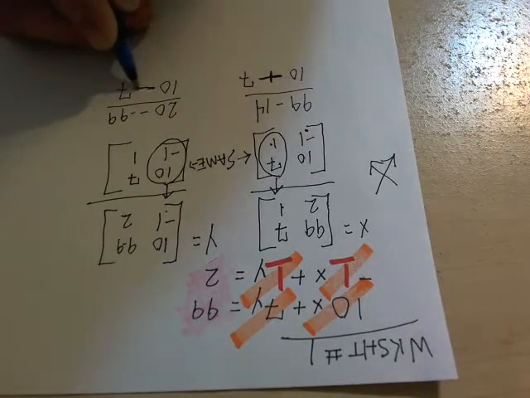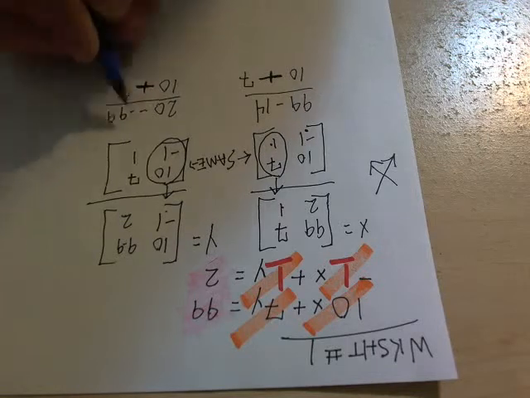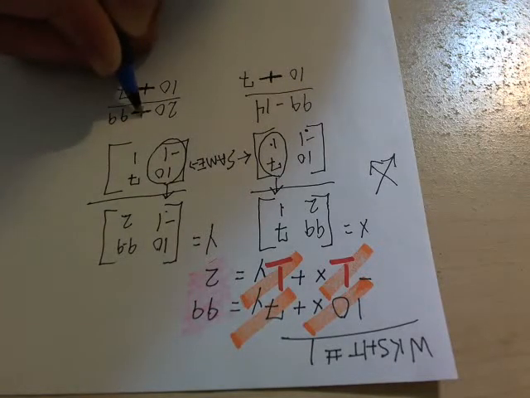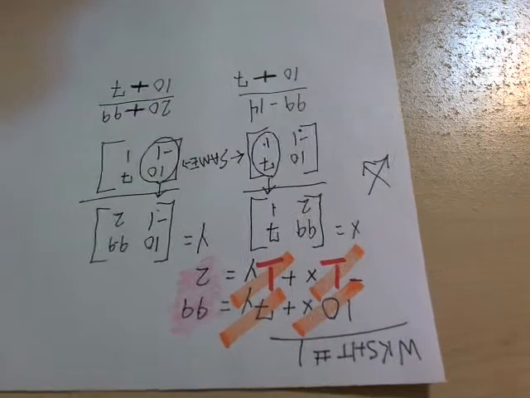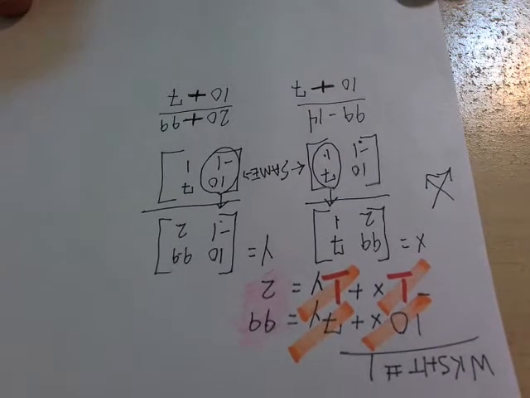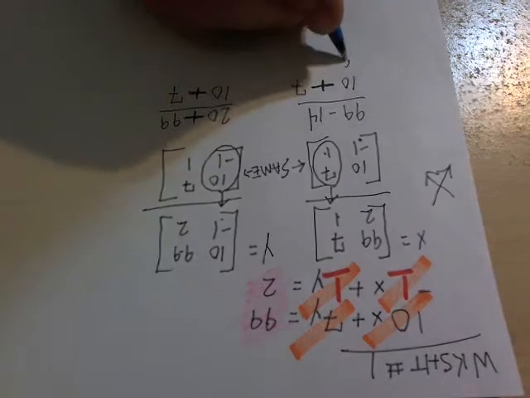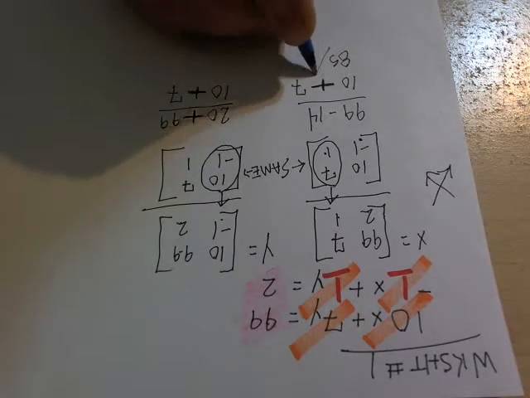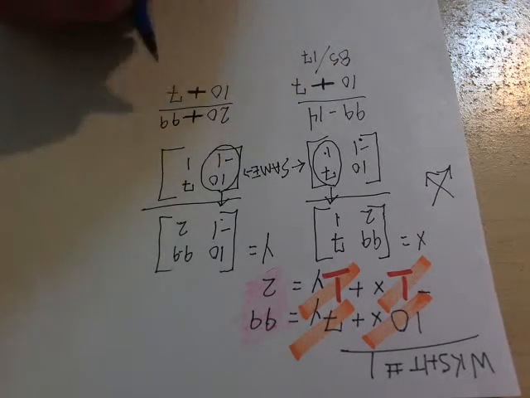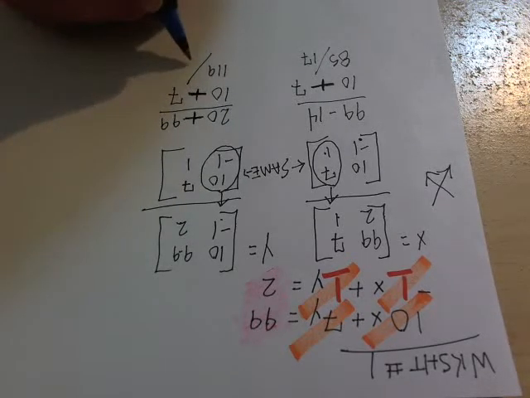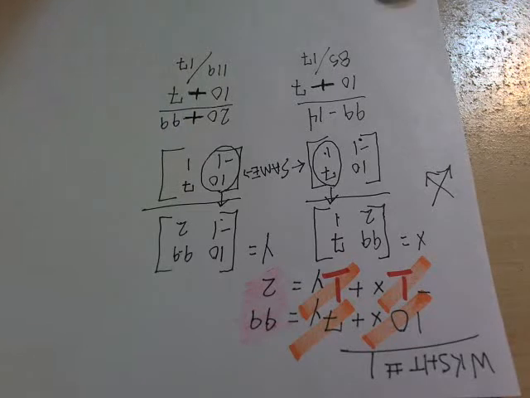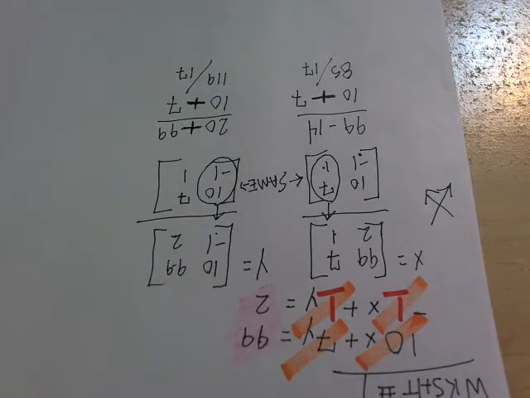So that's me fixing both denominators up here and the numerator on the y side. All right, so let's simplify here. 99 minus 14 at the top, that's 85 over a denominator of 17. Here we got 119 in the numerator and a denominator of 17.